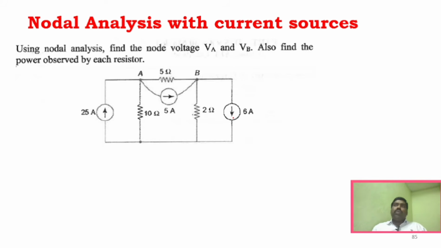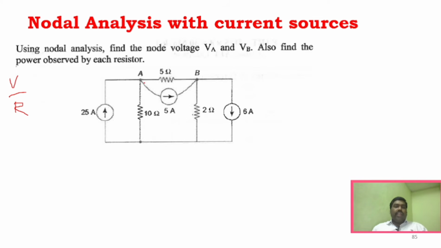If it is voltage sources, you write the expression as V by R, that is, we subtract the voltages and divide by R. Whereas for current sources, the current is directly given, so you don't need to calculate V by R. You can directly substitute the current values, right? Now I'll explain how to write the equation, and then we'll see how the problem is solved.